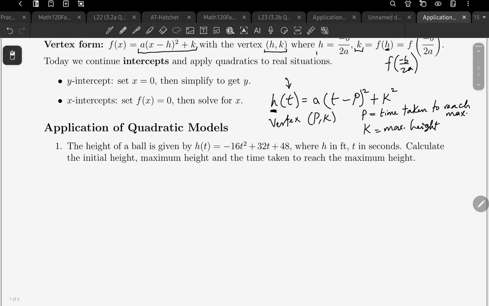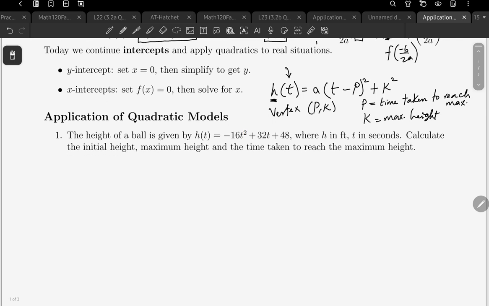So the first question here: the height of a ball is given by this quadratic model, where h is in feet and t is in seconds. We are told to calculate the initial height, the maximum height, and the time taken to reach the maximum height.